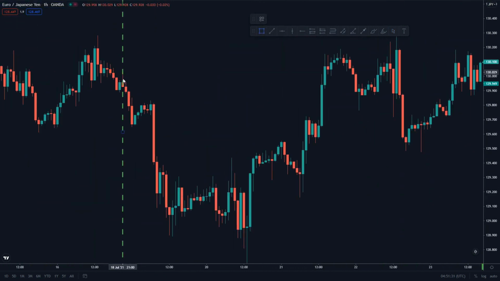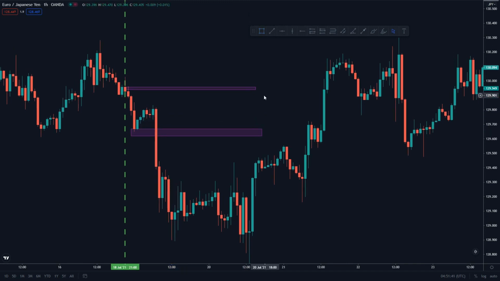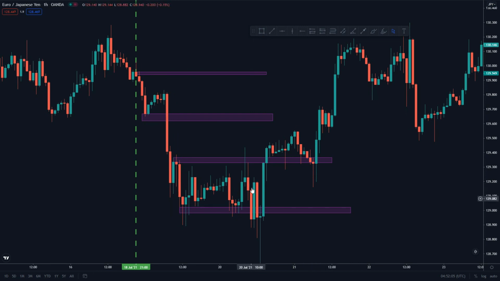This one is the high that the market gave us right at the beginning, and this low here, and as you can see, the market then came up and broke that low and continued going down. Nothing interesting here, so you can just keep on marking your levels to see if they are broken or not. Then you have this high here, but as you can see, the market is consolidating here.